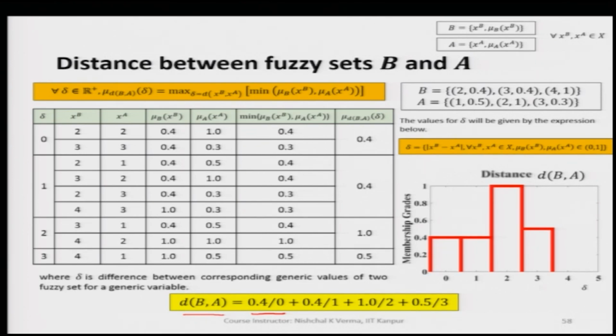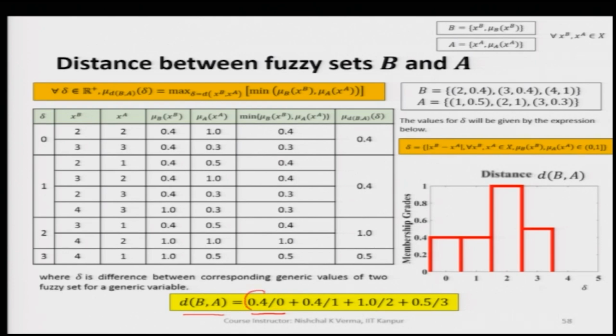In the earlier case, we had the distance between the fuzzy set A and B. So, the difference here is that we have changed the sequence. So, here we are taking B first, the fuzzy set B first, and then A. So, d b comma A represents the distance between fuzzy set B and A, and which is nothing but the 0.4 oblique 1.